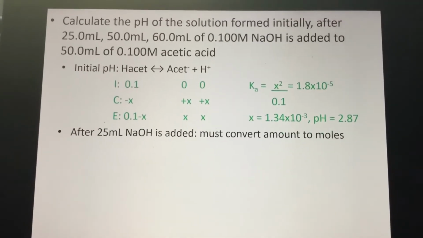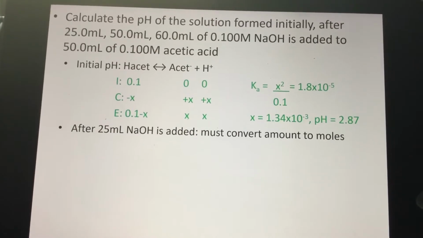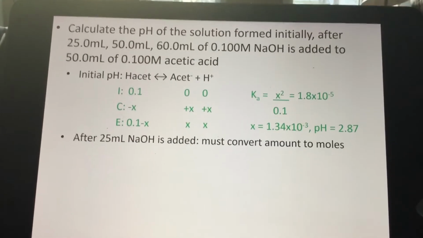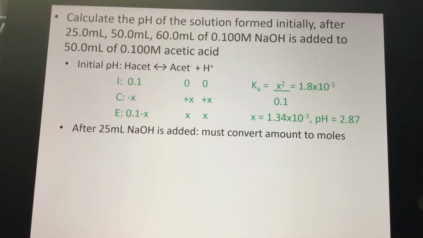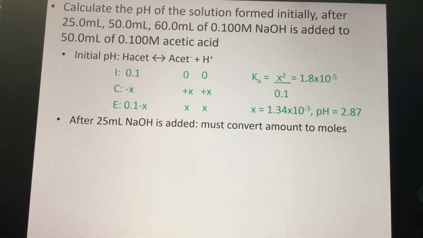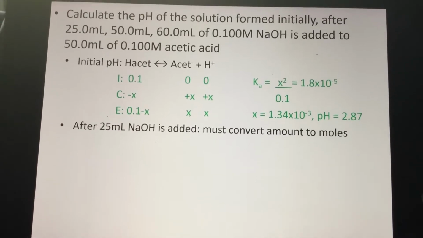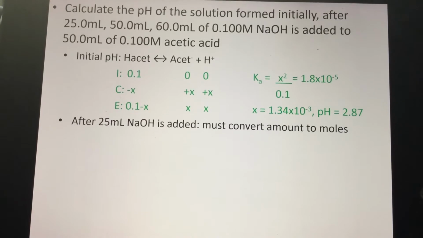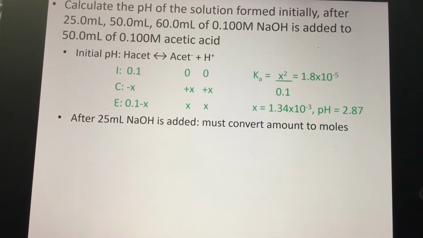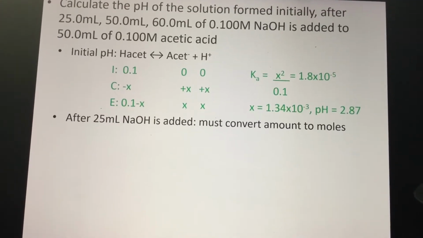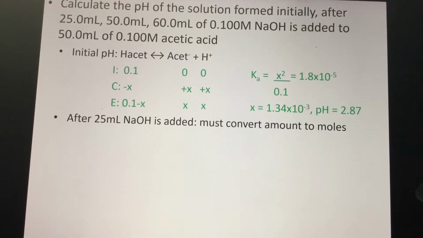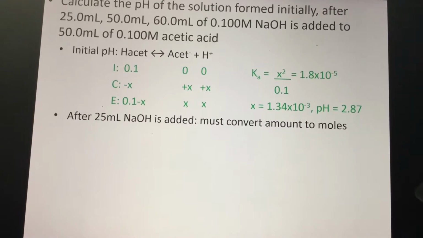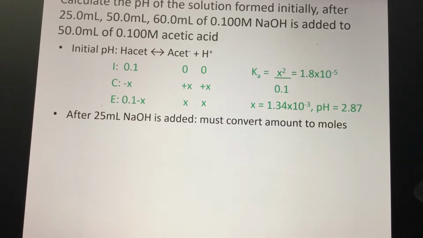If we set up an ice table, we have 0.1 molar of our acid, and we let the change, the dissociation of the acid, equal X. Since it's a weak acid and the Ka is so small, we can disregard the minus X. Plugging that into our equilibrium expression, Ka is equal to X squared over 0.1, equal to the equilibrium constant of 1.8 times 10 to the negative fifth.